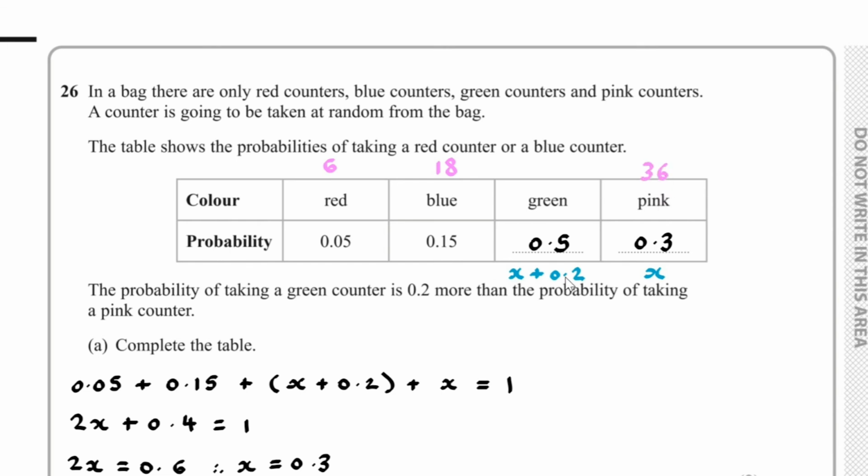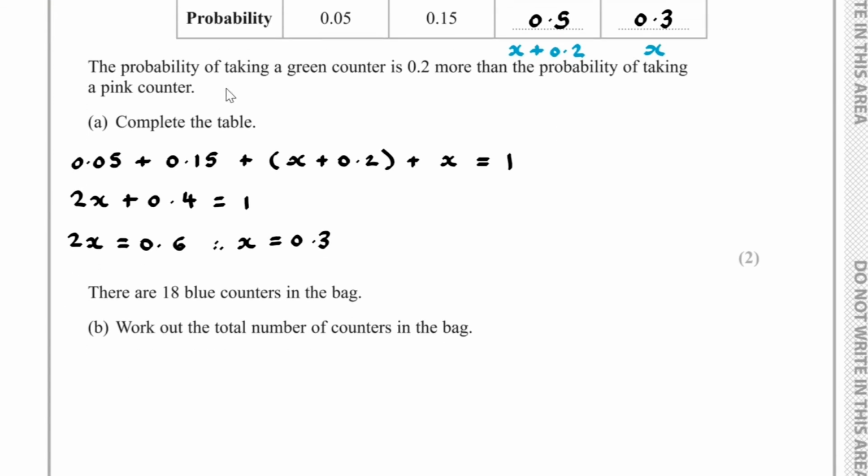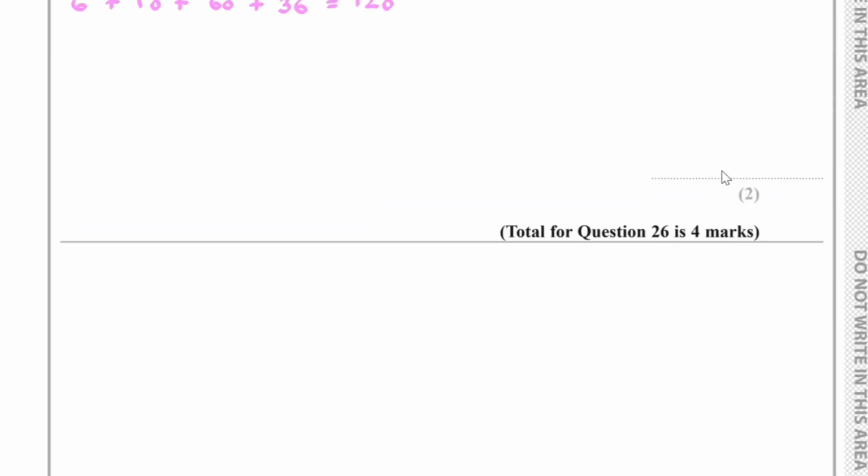And then to find out what green is, well, 0.3 plus 0.15 plus 0.05 is 0.5. So 36 plus 18 plus 6 is 60. So there's 60 green. And so if we were to work out the total number of counters, we've got 6 plus 18 plus 60 plus 36, and that's equal to 120. We've got 120 counters in total.